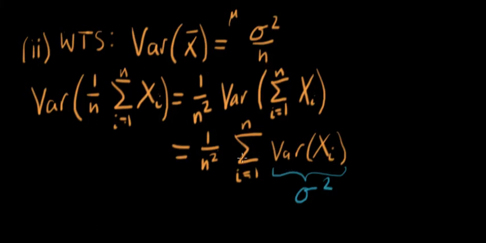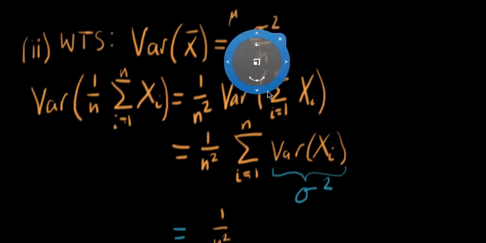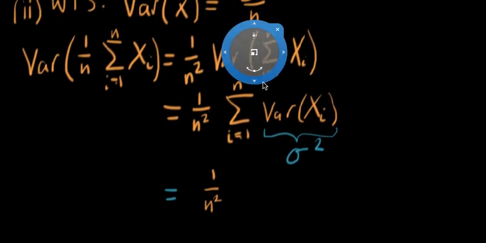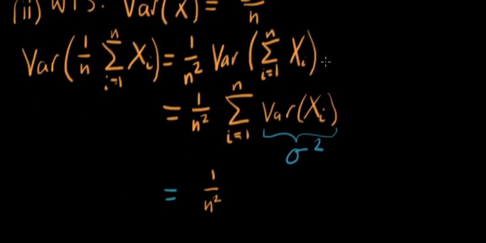And then we sum over them, so we get n of them, so that is equal to 1 over n squared times n sigma squared.